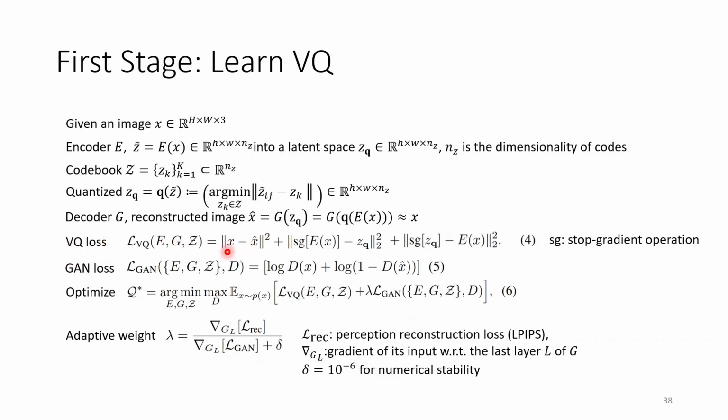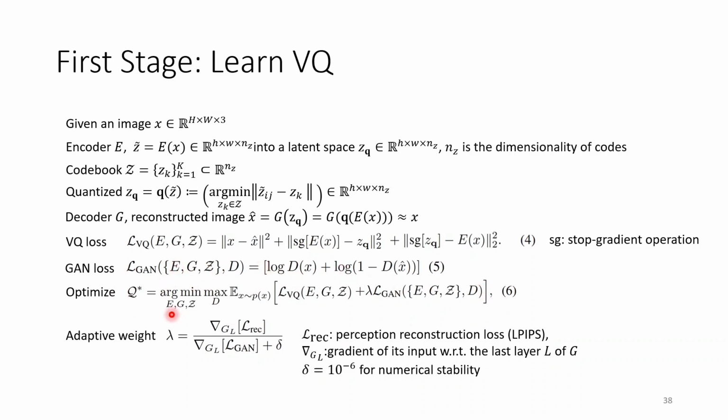It means the reconstructed image has to be similar to the original input, and there are some stop-gradient operations because the quantization step is not differentiable, so the gradient will stop here. So they create a loss term here. And second, they create a GAN loss. The reconstructed image needs to look like a real image. So they optimize this term.